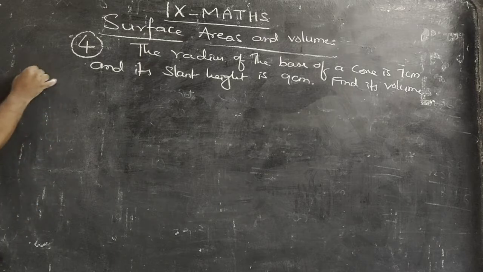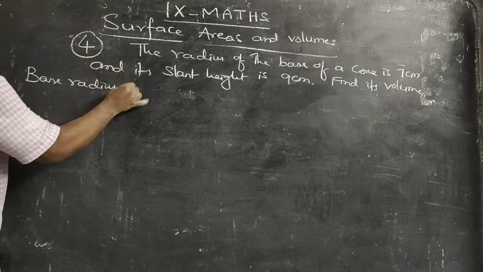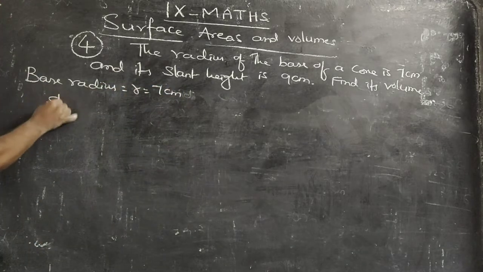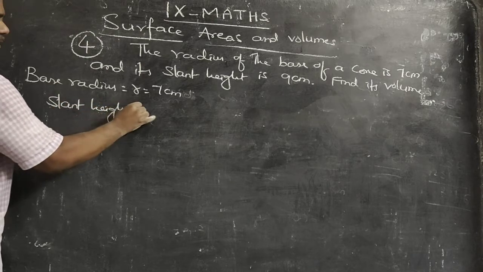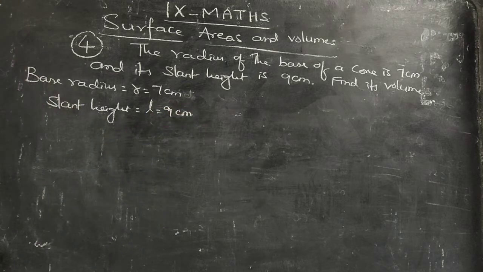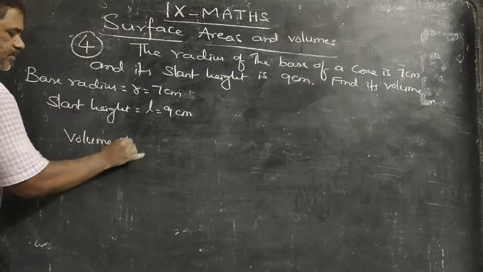Here base radius R is equal to 7 centimeters, given. Next, slant height, that is L, is equal to 9 centimeters. Now we should find the volume of a cone.